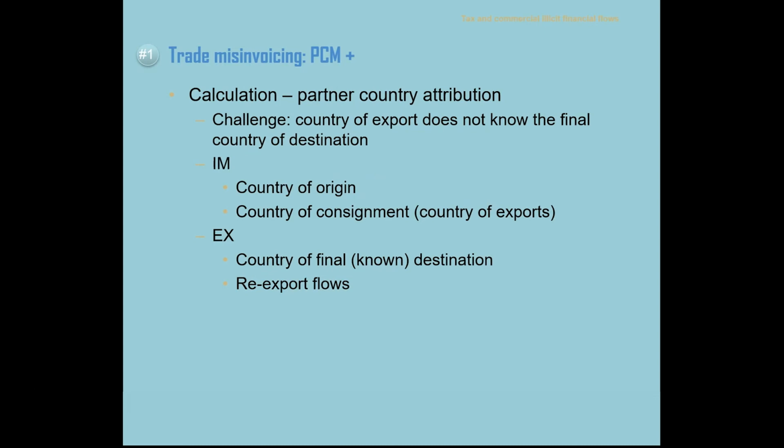The re-exports would mean that if country B imports from country A and then exports those things to country C, our flow from country B to country C should essentially be a re-export flow, because we are not the country of origin, we are merely a country of exports.